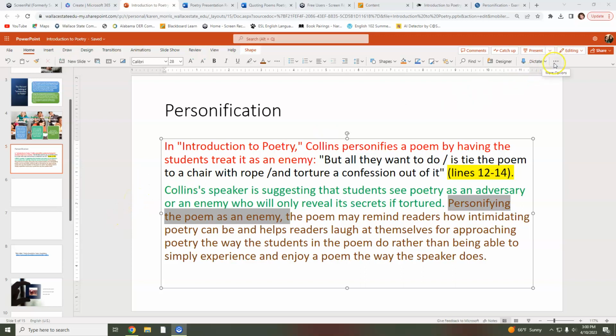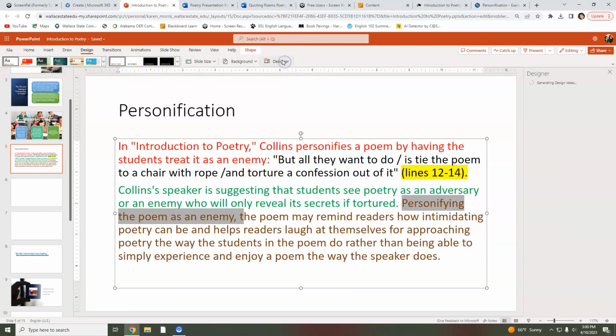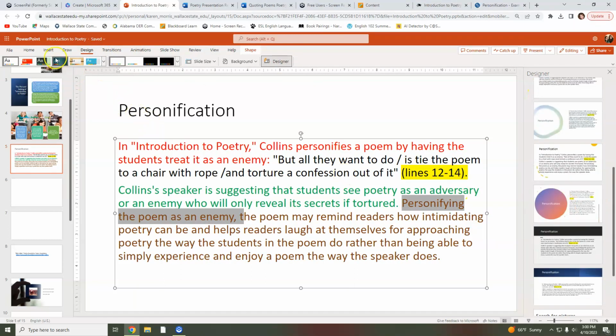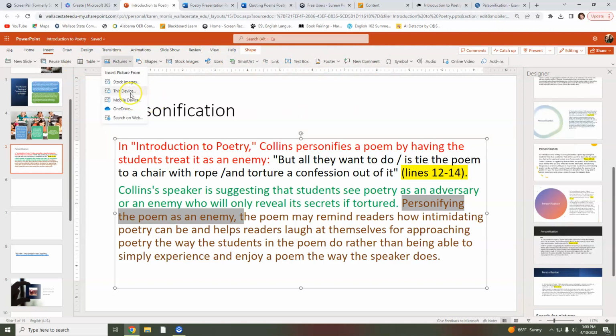Now I can go to my design key here and look at designer and see what kind of things it can bring up. One thing that you can do is hit insert, and then I could find a picture and then use design, and that will help me.